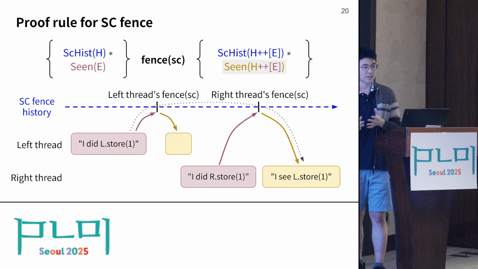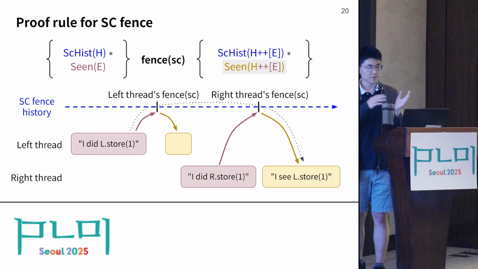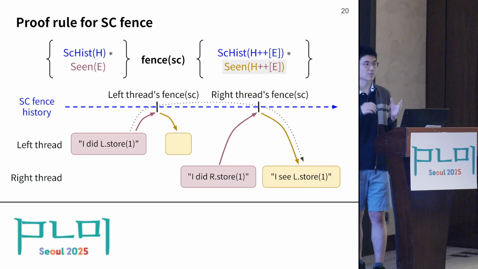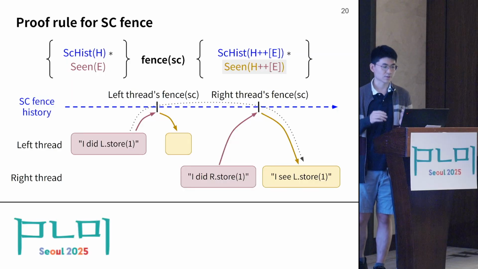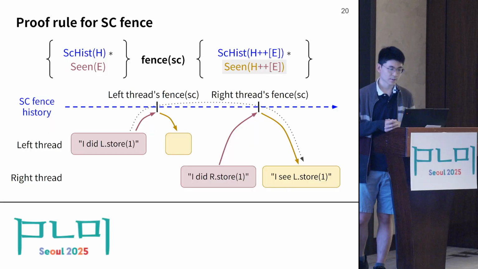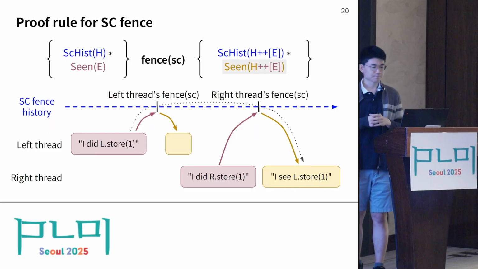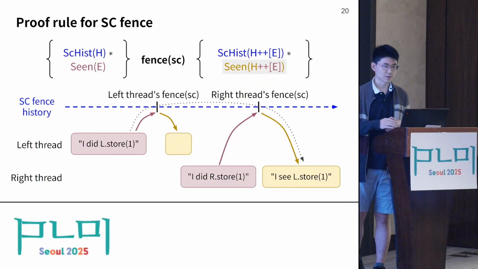And after the fence, the thread running the fence is going to obtain the observation of all the prior events, as indicated by the assertion in the postcondition. In this example, the right thread's fence came later, so the right thread gets the observation of the value 1 written by the left thread.